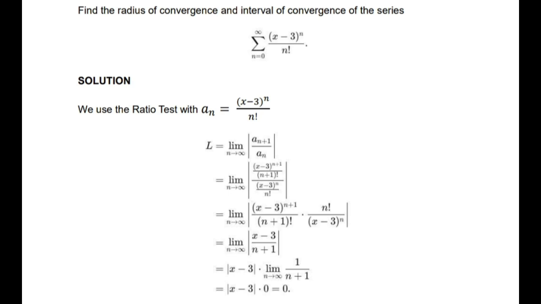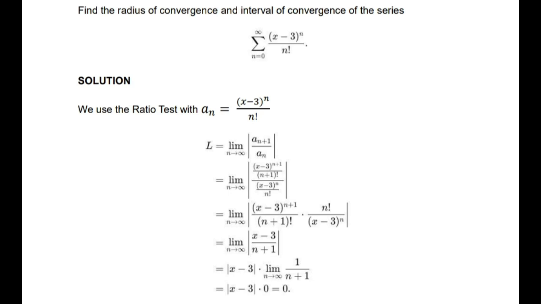For a simpler way of solving it, we can make the denominator into its reciprocal to easily multiply. So we have here (x minus 3)^(n+1) over (n+1) factorial, multiplied by n factorial over (x minus 3)^n. As we multiply, it remains the limit as n approaches infinity of (x minus 3) over (n+1).